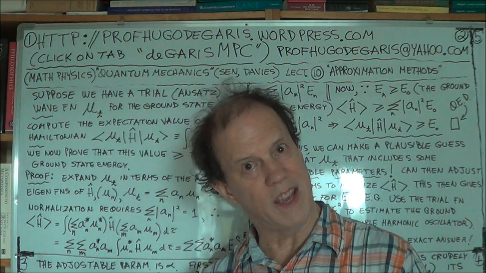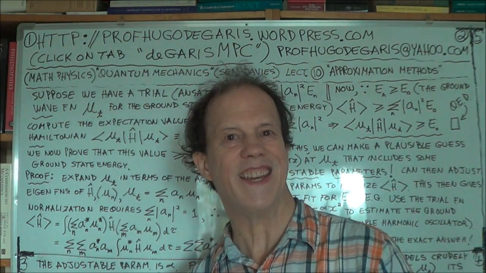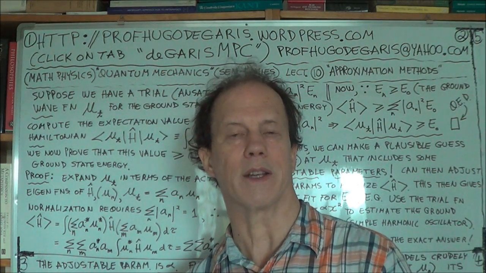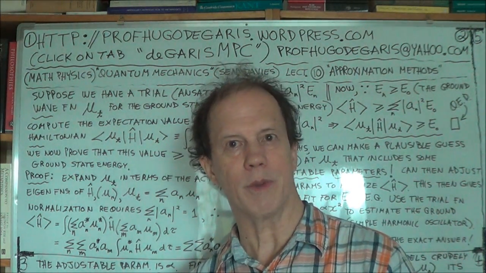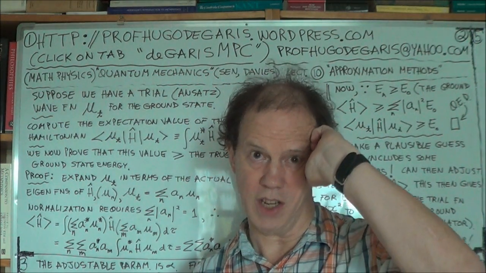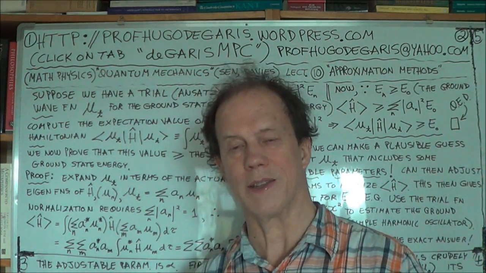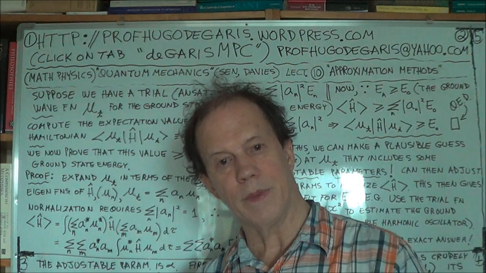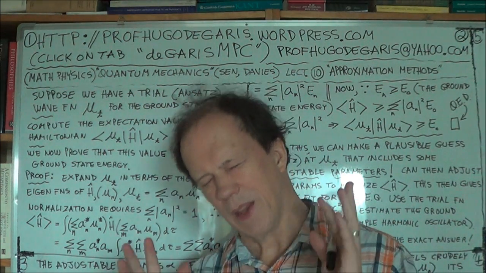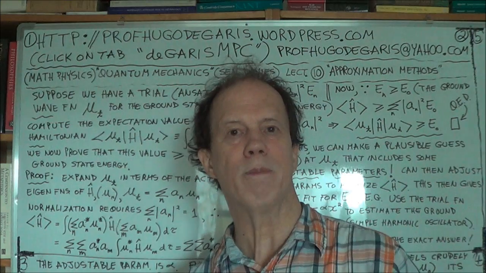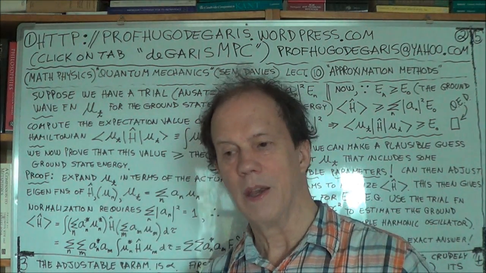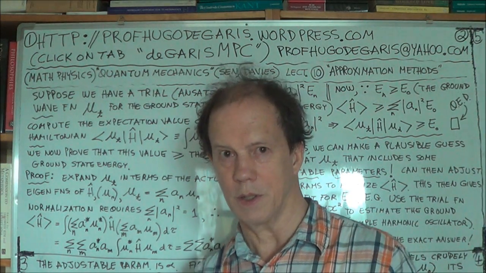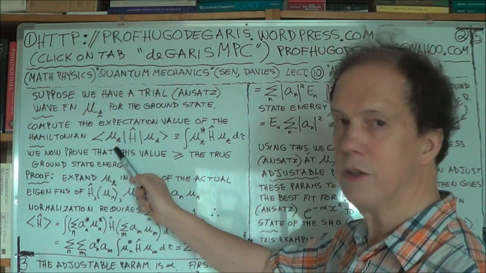You use that estimated or guessed, or the German word is Ansatz, like a trial function, something you think might be correct, and you test it. It's a trial as in trial and error, and you calculate the expectation value of the Hamiltonian, angular brackets H hat, using that Ansatz, using that trial function, which we will call T for trial.